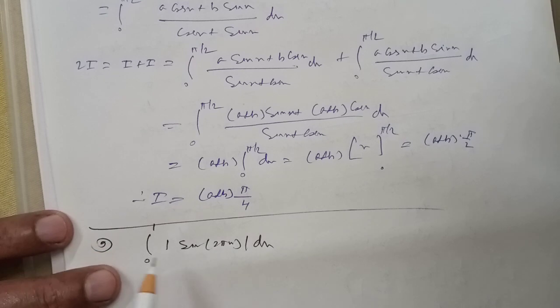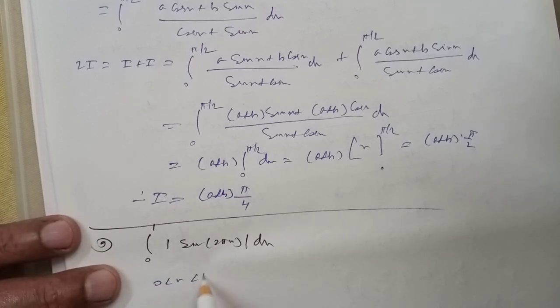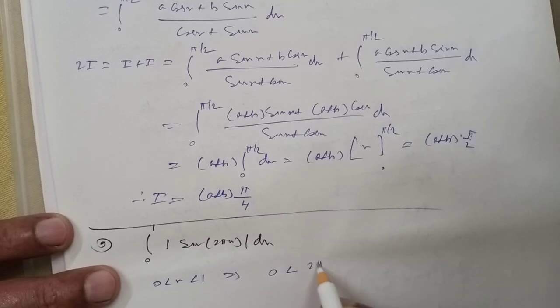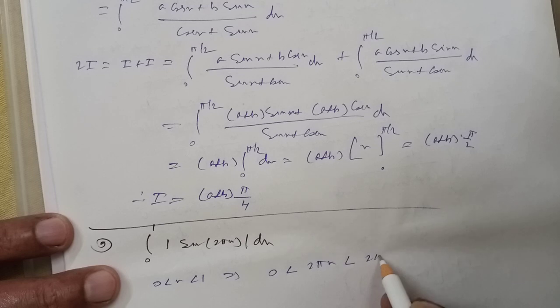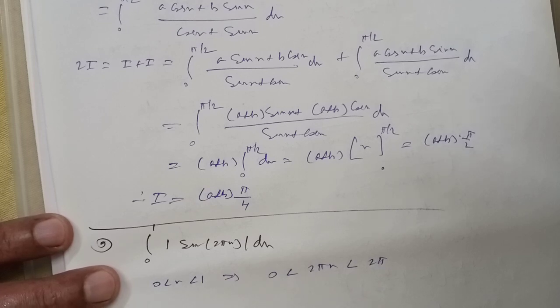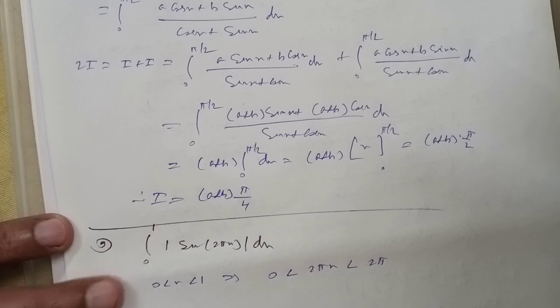Look here, x lies in the interval 0 to 1, so x is more than 0, less than 1. So multiplying by 2 pi, we get 2 pi x lies between 0 to 2 pi. Now the sine function is positive in 0 to pi and negative in pi to 2 pi. So we have to proceed in this way.